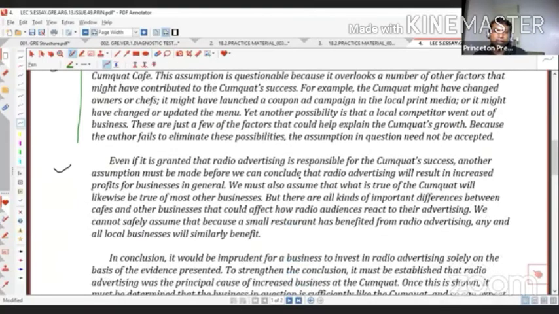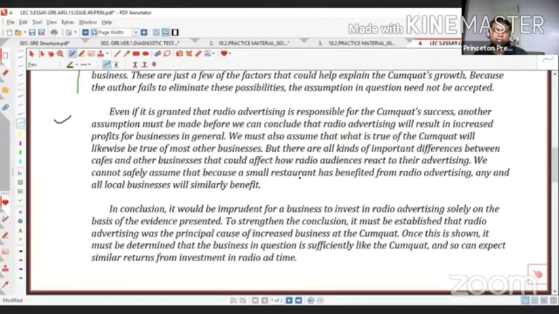Okay, another. Even if it is granted that radio advertisement is responsible for the Camquat success, another assumption must be made. Before we can conclude that radio advertisement will result in increased profit for business in general, a condition must be met. We must also assume that what is true of Camquat will likewise be true of most other businesses.